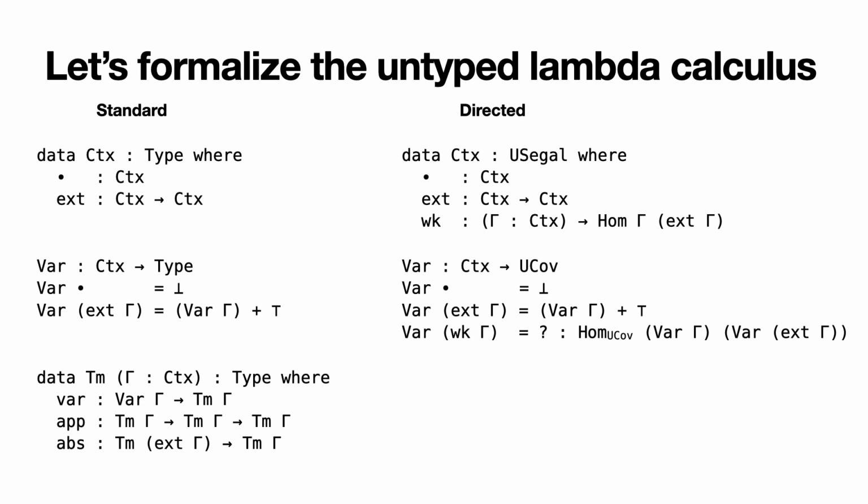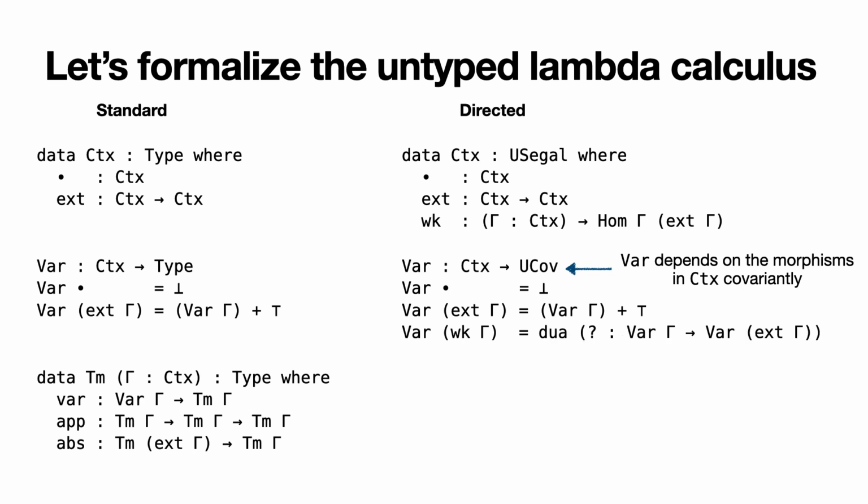In order to build it, we need to give a morphism in the universe as covariant fibration, because that's where we're defining the dependent type Var, from Var gamma to Var x gamma. So from the variables in context gamma to the variables with one more in scope. How are we going to do this? Well, as we're in the covariant universe, first off, we depend on morphisms in context covariantly.